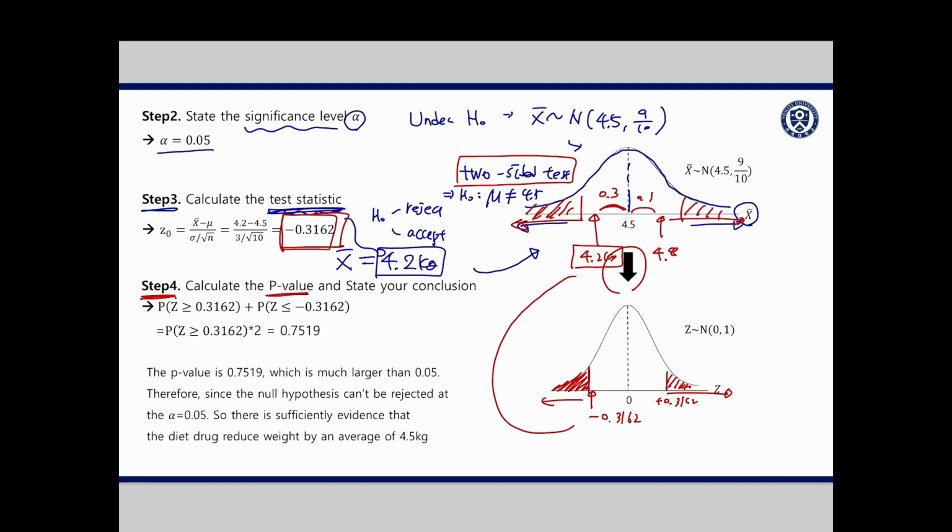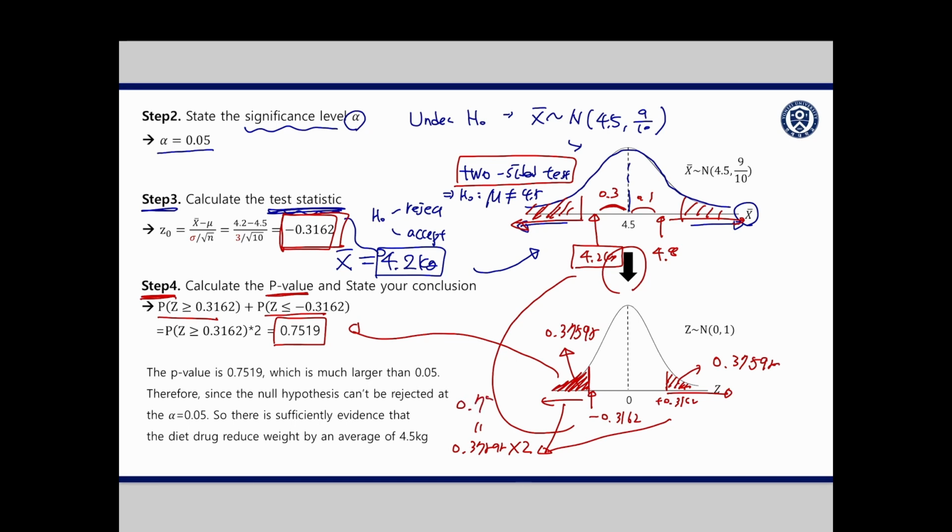So we can get the p-value, that is, the tail probability equal to 0.37595. Also, this area is 0.37595. So the total area is this multiplied by 2, which equals 0.7519.